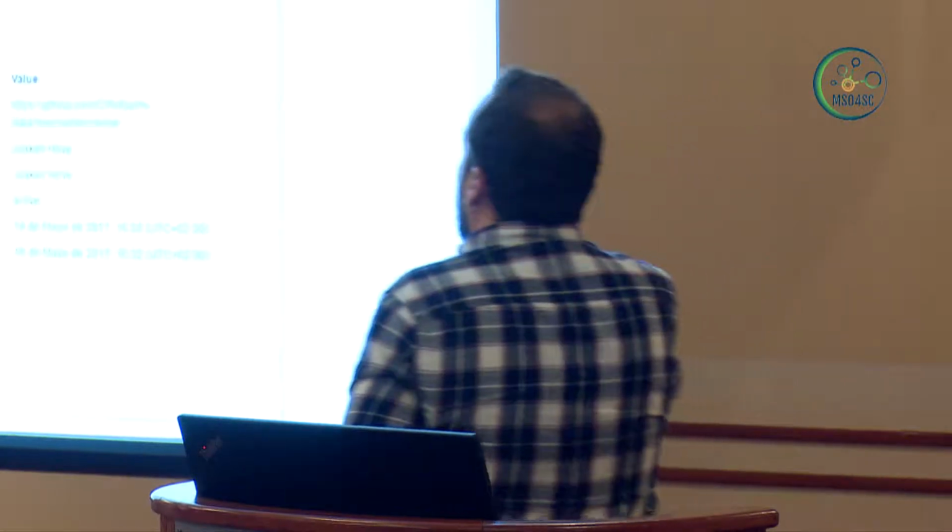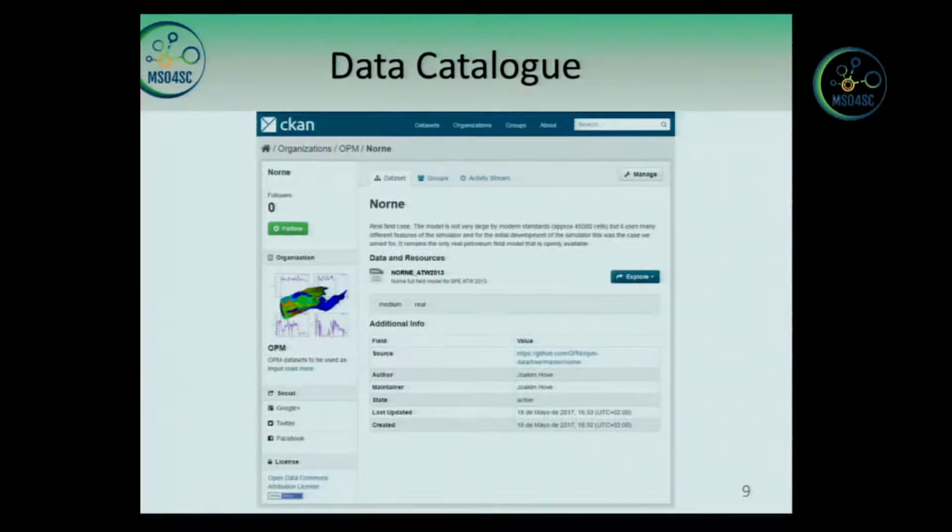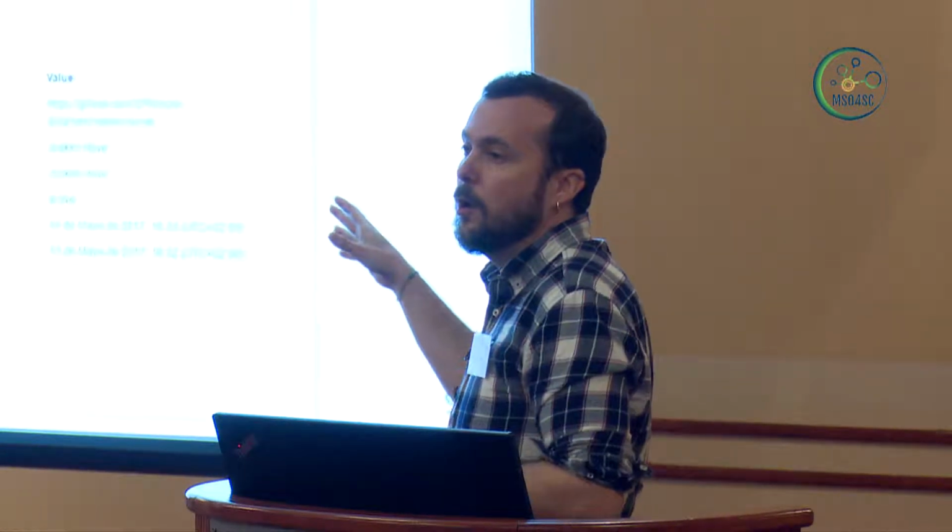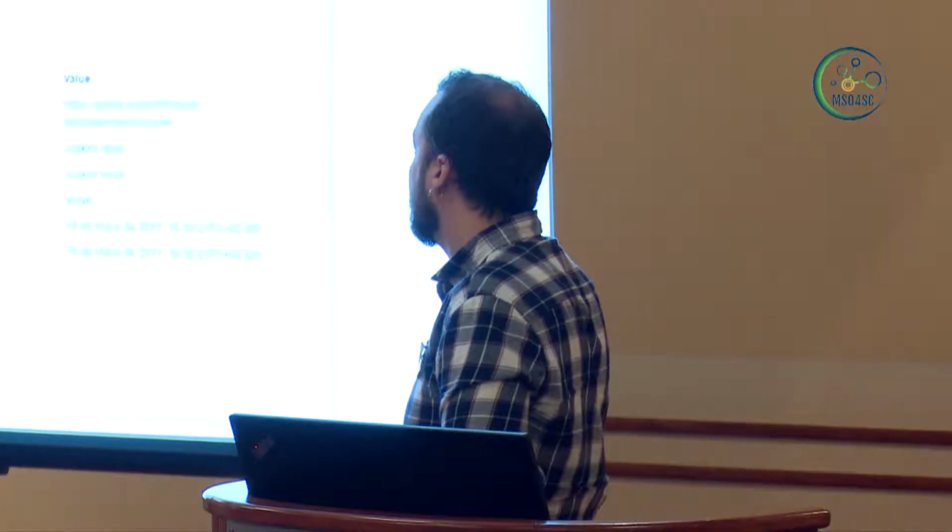About the data catalog, we will be using CKAN, which is a component of FIWARE. The data repository is designed in a way that, for example, well, this is an example of OPM. In this case, what we want is not to copy every different repository of every person into a common repository of ours. Instead, we're having a catalog which is going to be connected with the different actual repositories of the different partners or the different users of the application.